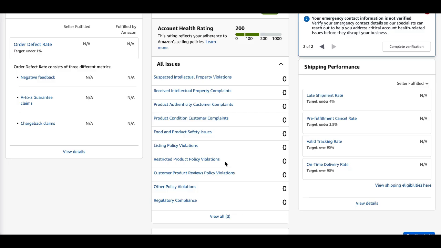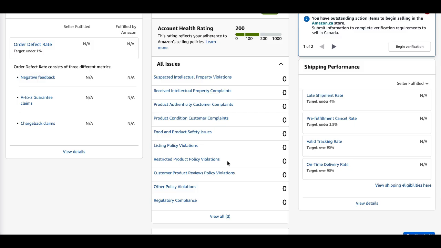Then comes a relatively different thing, which is the restricted product policy violation. There are a number of products which Amazon has restricted from being sold on Amazon. So if Amazon suspects that it is a restricted product, then they are going to take away your listings. You would have to either agree that okay, we didn't know that and we were selling it, we will not sell it, we have taken out our listing.